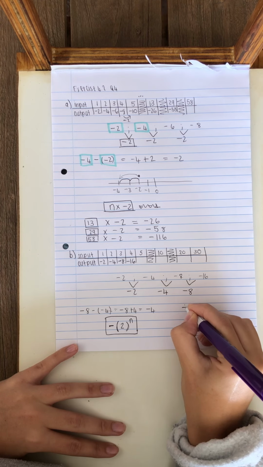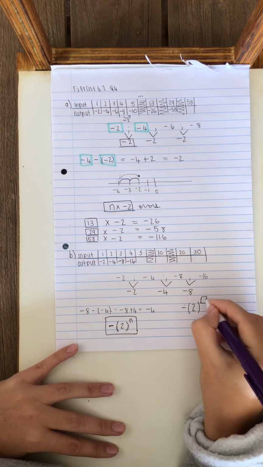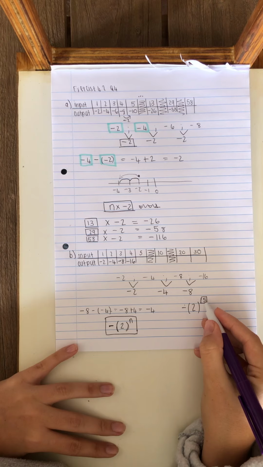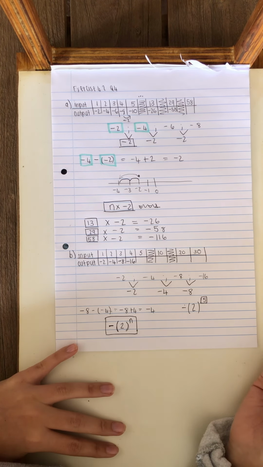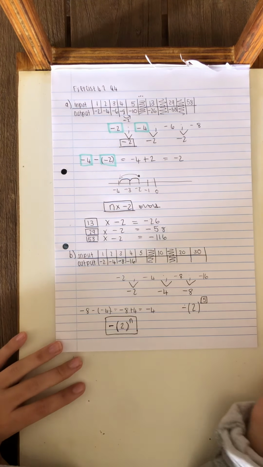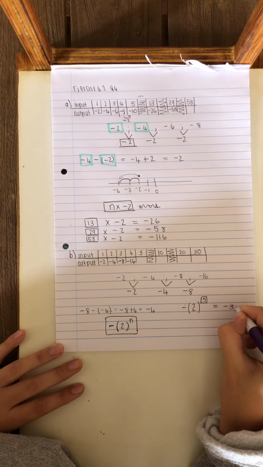So if I put in 5, 2 to the power of 5 gives me, hold up, it's 32, I think, and that will give me -32.